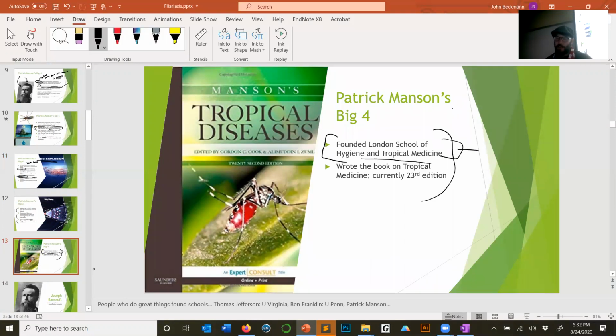This is still today a very good school for vector biology. And he wrote the first book on tropical medicine. If you hear "tropical medicine," that's essentially vector biology to an extent. There are other things in the tropics, but vector biology is inherently in tropical medicine. So he wrote the first textbook as well.